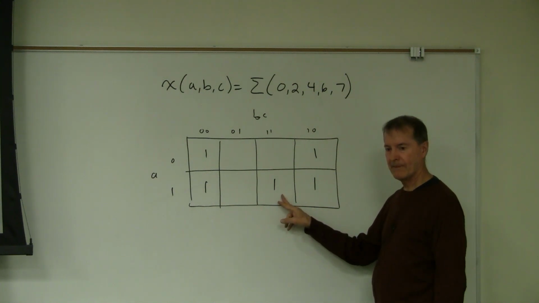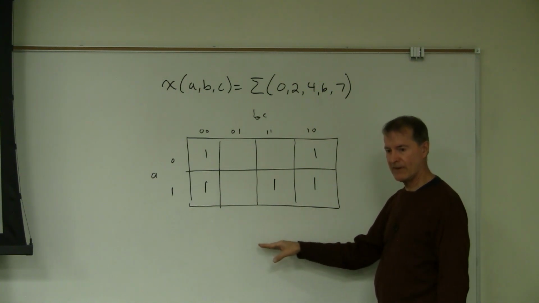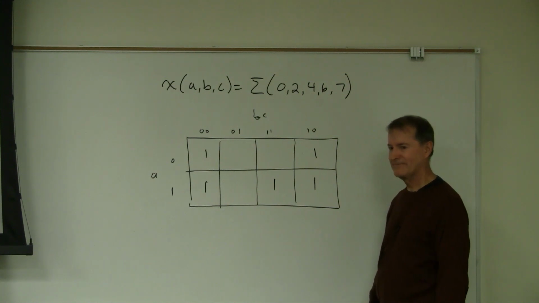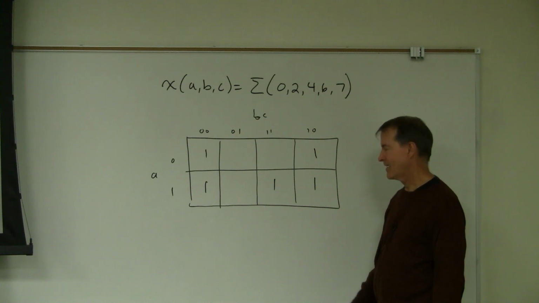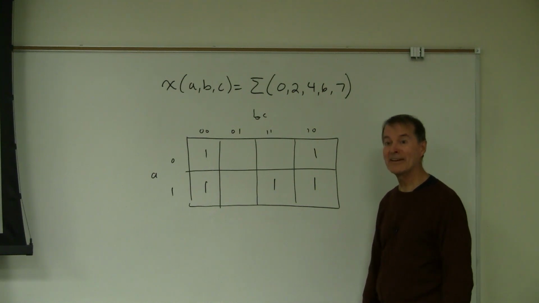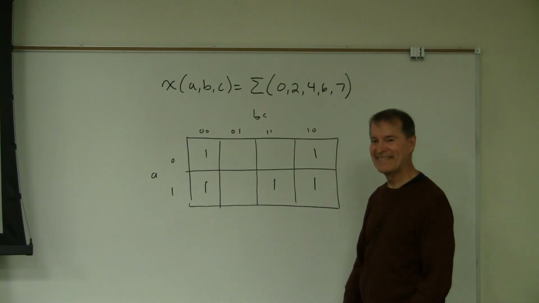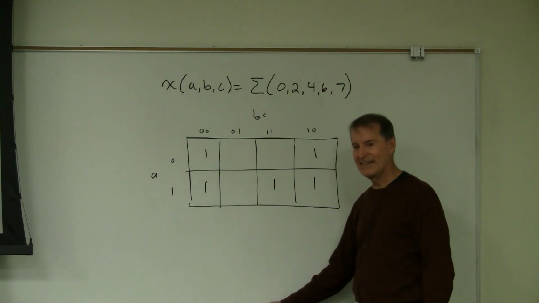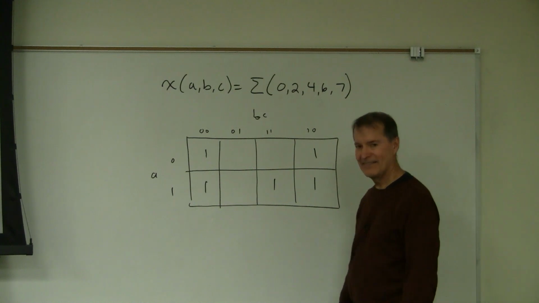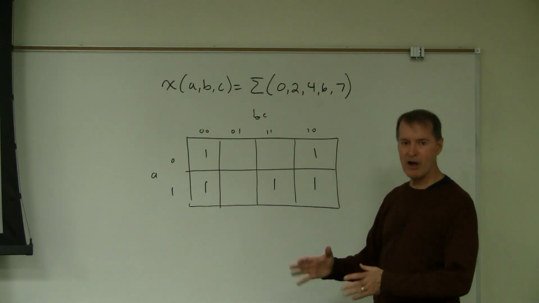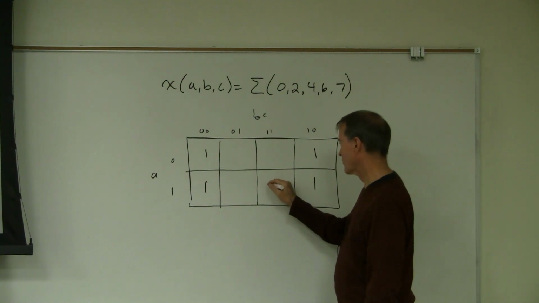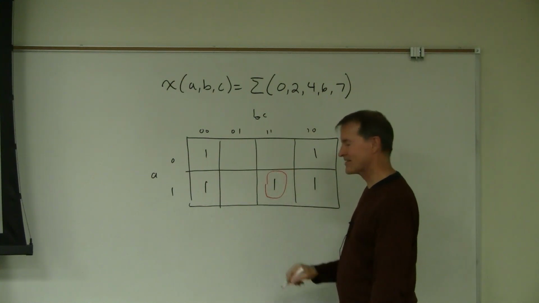Yeah, this is ABC. So did you have ABC in your result? I did. Well, look, it's C prime or something? Well, you've got to cover them all, but don't cover this by itself.